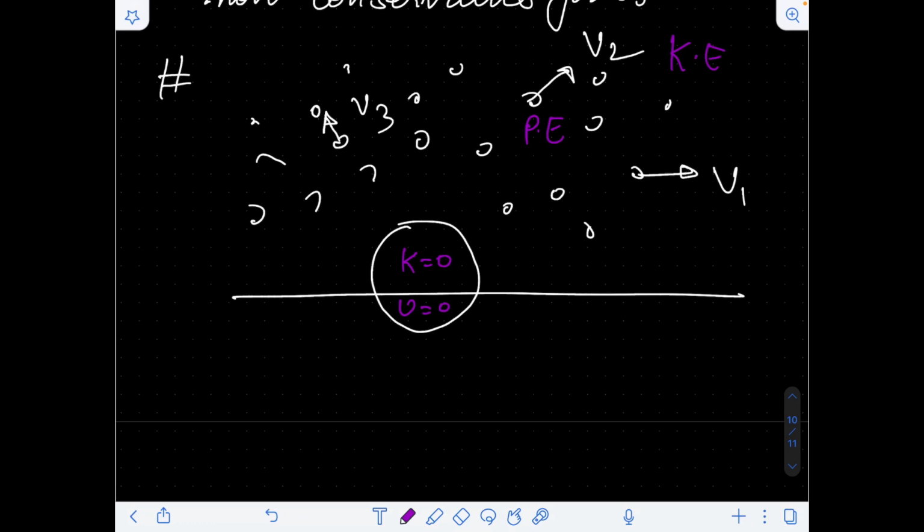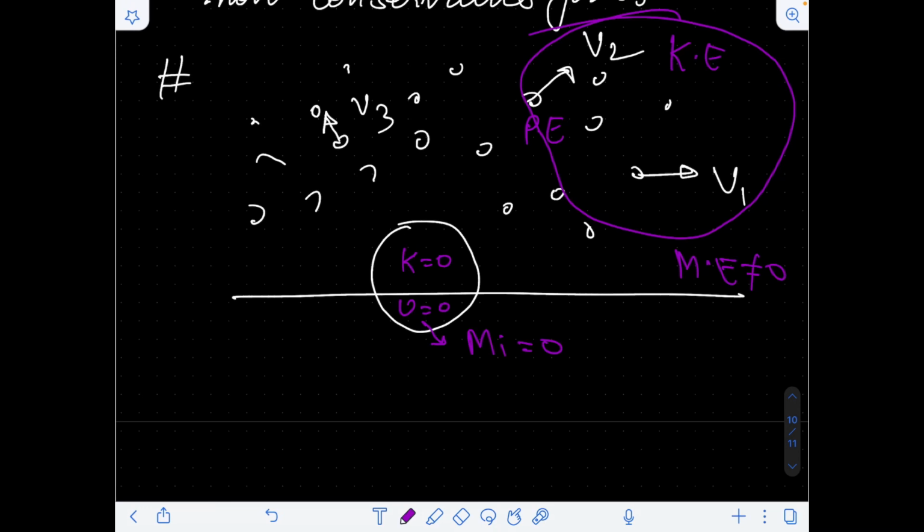But after some time, once the chemical reaction takes place, the forces arising due to that chemical reaction are non-conservative in nature. Here initially the mechanical energy is 0, but in this situation the mechanical energy is not equal to 0.